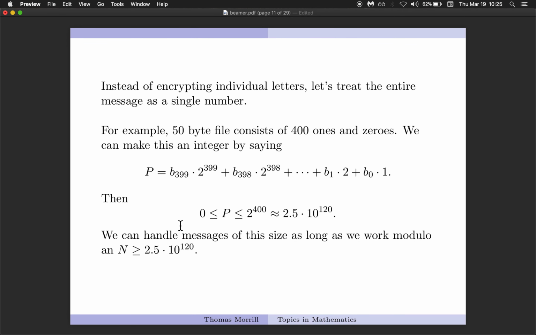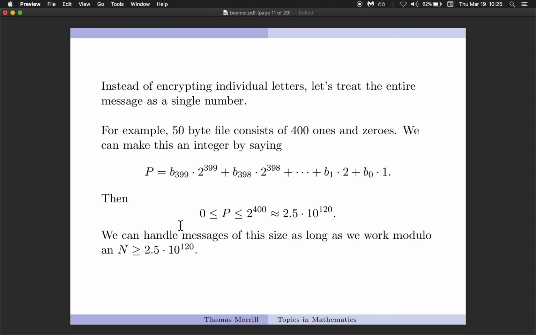So how can I use a message that is really a very large integer in modular arithmetic? I just need to pick a modulus, capital N, that's bigger than 2.5 times 10 to the 120. I'll have a little bit extra room, but I can fit every possible message of this size into the integers mod n.